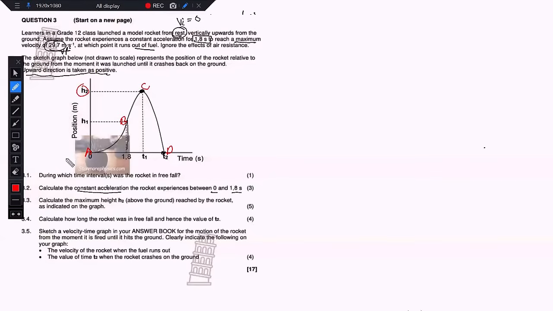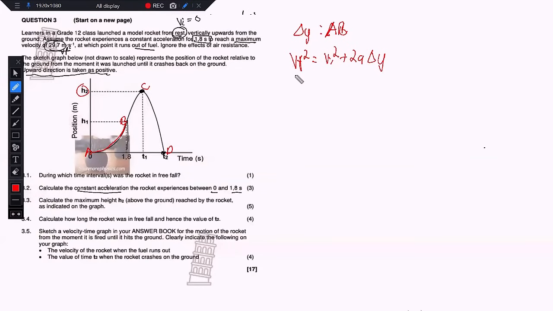So I can say, let me consider the delta y at points A to B, from here all the way to that point. And then I will use VF squared equals VI squared plus 2a delta y. Because this is the formula with our delta y, we have the V final, we have the V initial, and we just calculated the acceleration.